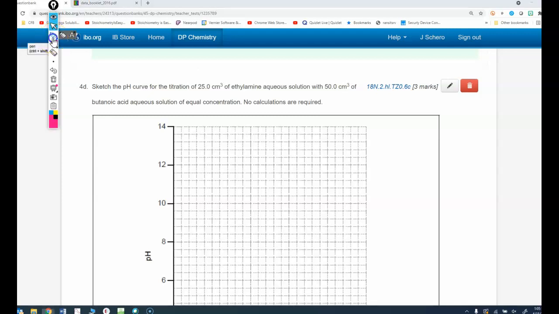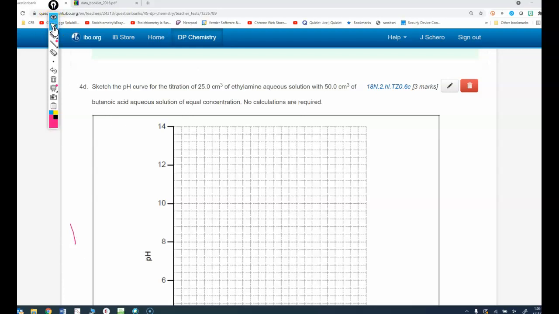This is where I always get confused, and you might get confused too. I'm going to assume that ethylamine is going into the butanoic acid. That's my assumption, and then we're going to see if we are correct or not.